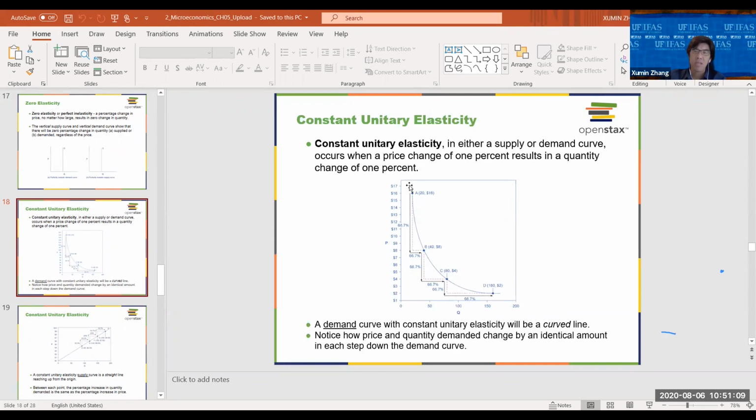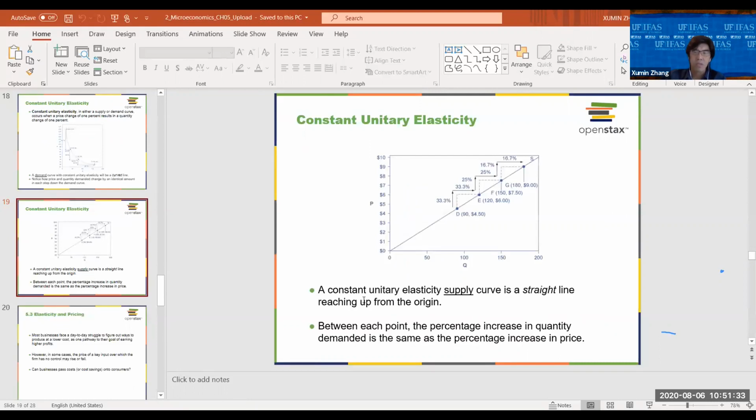In this case, we have to draw a curve instead of a straight linear function. Regarding constant unitary elasticity of supply, because this line crosses 0, this can be a straight line.